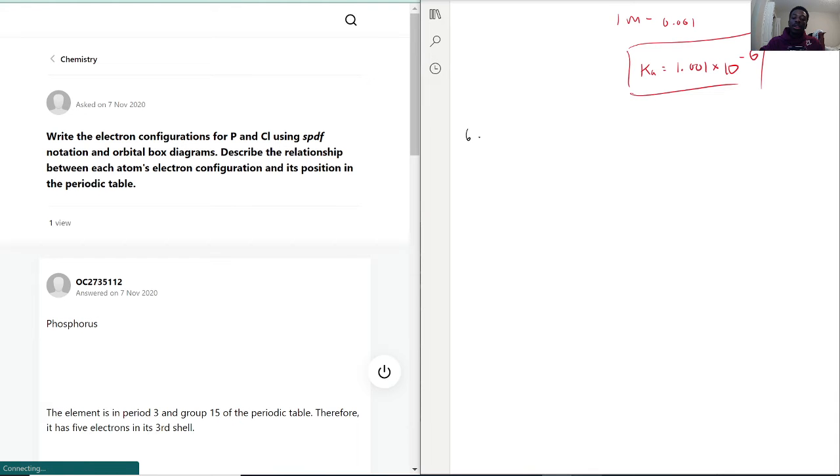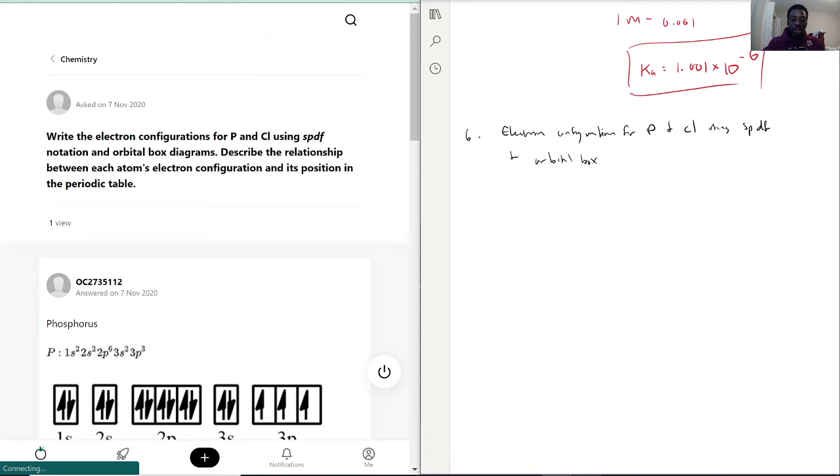For number 6, we have: write the electron configuration for P and Cl using SPDF and orbital box, and then describe the relationship between the electron configuration and its position on the periodic table. So let's start right away with the electron configuration first.